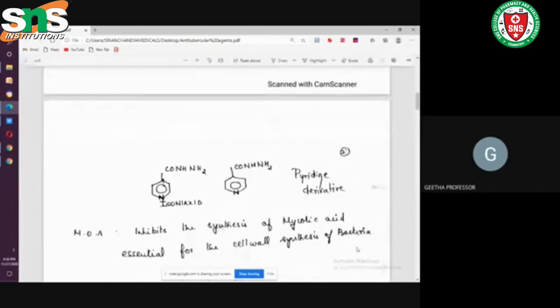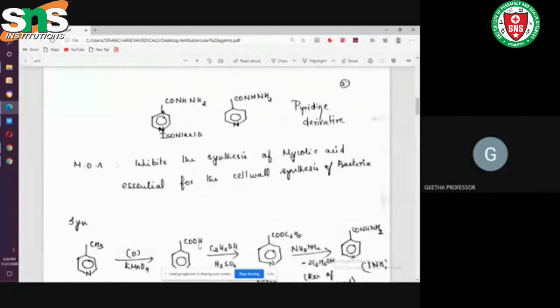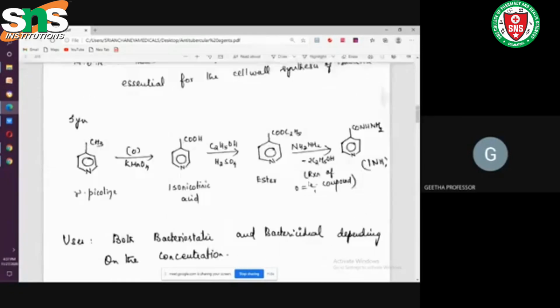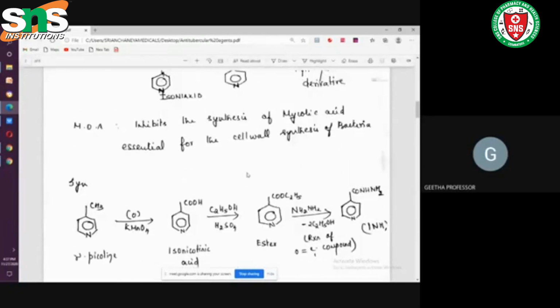Then we have to study why we are concentrating on pyridine carboxylic acid. The mycolic acid has a similar structure, which is why this particular fragment is needed. When the activity is compared with the biological relationship, that is called structure activity relationship. For every drug, we need to remember the basic fragments essential for producing the biological activity. When you measure that amount, it is called quantitative structure activity relationship.